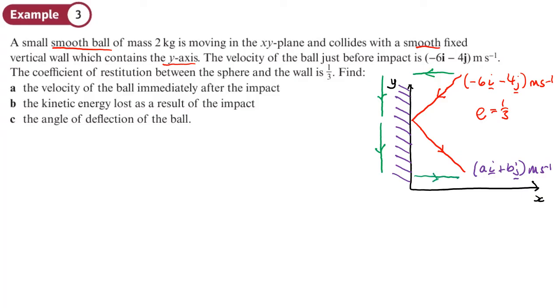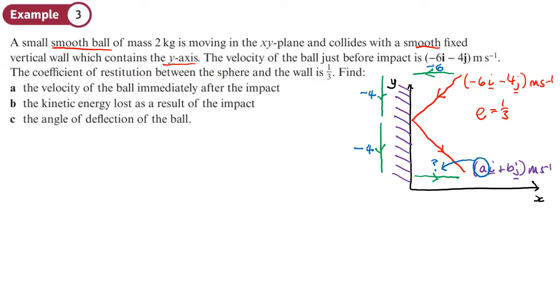Now as it goes towards the wall, the i part is 6, so this is 6 here. This part here will be 4, so -4, which also means that this will be -4 as well. So let's put the negatives on as well. So the bit that's missing, the bit that we need to work out, is this. Now this is actually the a i part of my vector because it's the one that goes in the x direction.